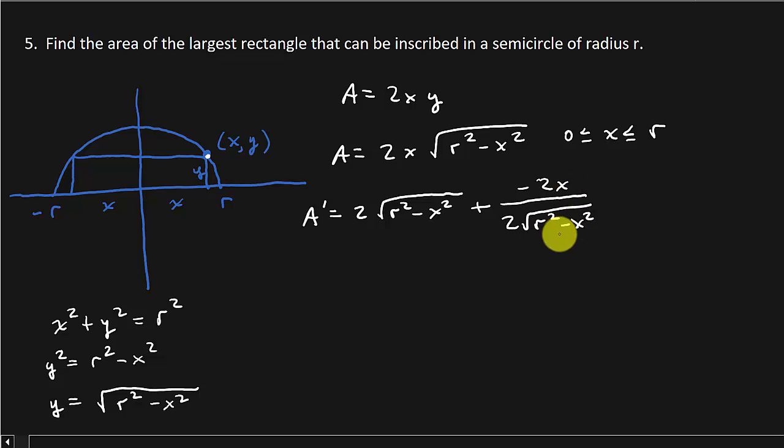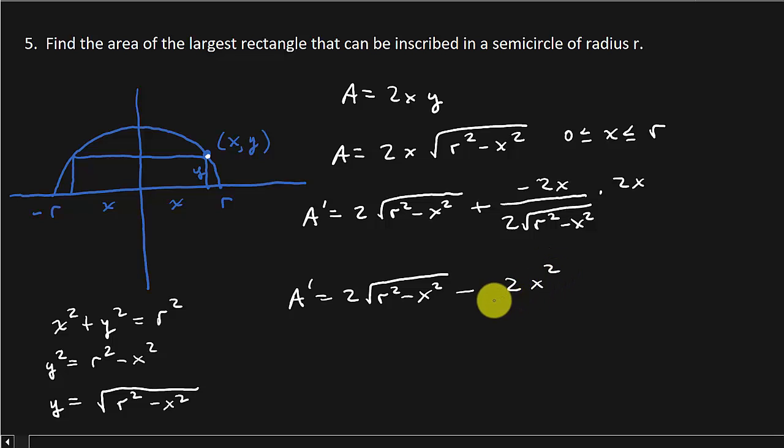Okay, see, the derivative of what's underneath the radical is negative 2x, and then times the first function, so times 2x. So I get A prime is equal to 2 square root r squared minus x squared minus, what is that?